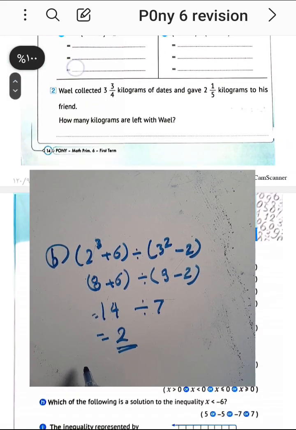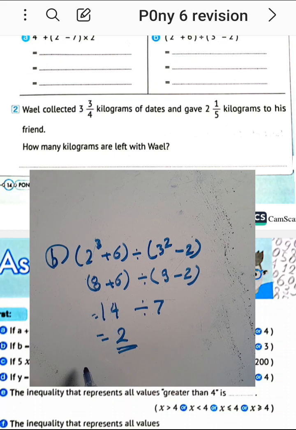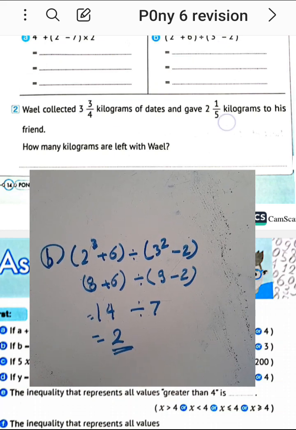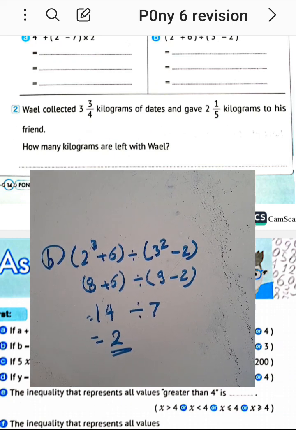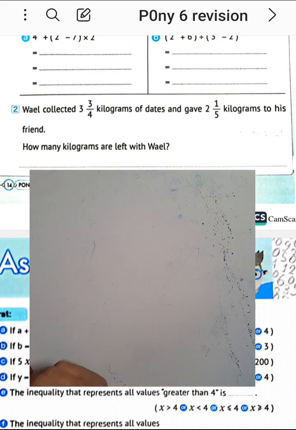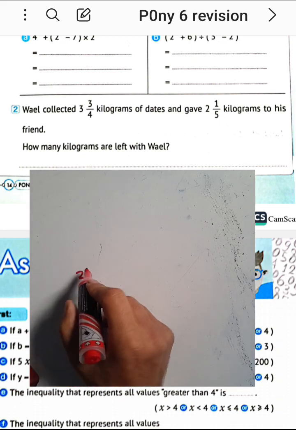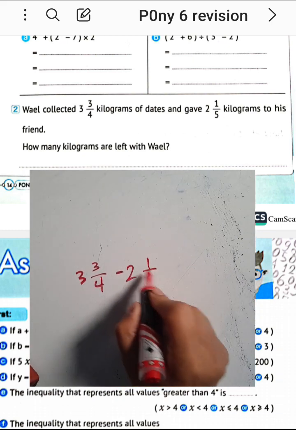The result will be equal to 2. Question number 2. Wael collected 3 and 3 over 4 kilograms of dates and gave 2 and 1 over 5 kilograms to his friend. How many kilograms are left with Wael? We can find the remainder by using the difference, the subtraction operation between two numbers. 3 and 3 over 4 kilograms subtract 2 and 1 over 5.